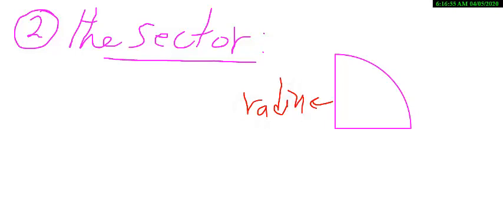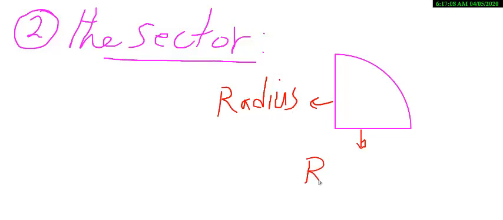This is another radius. And this is what we call the arc.